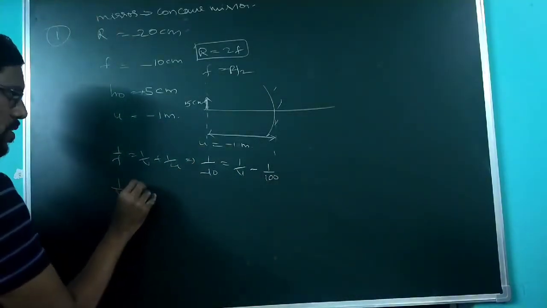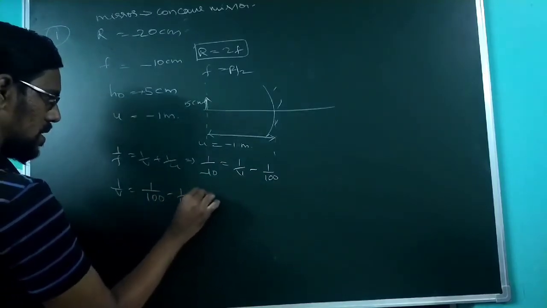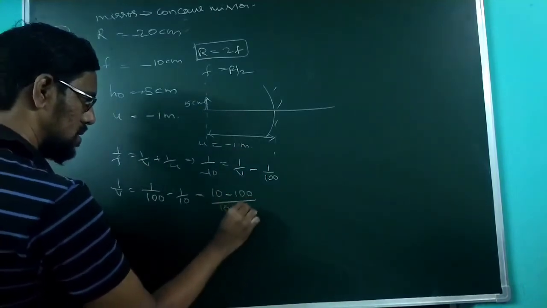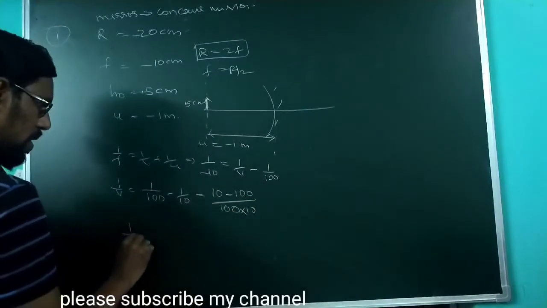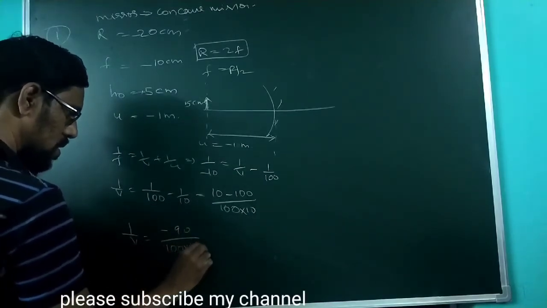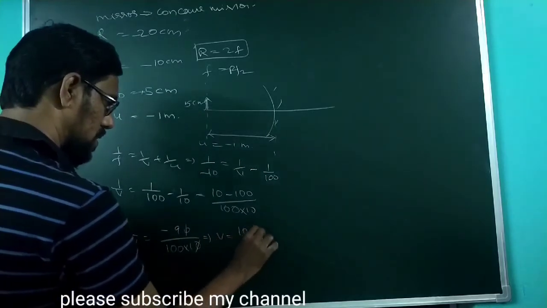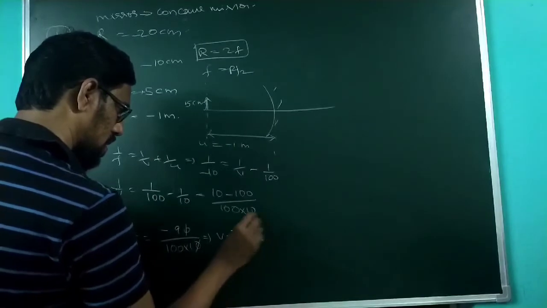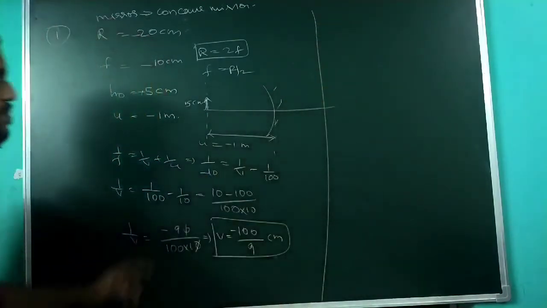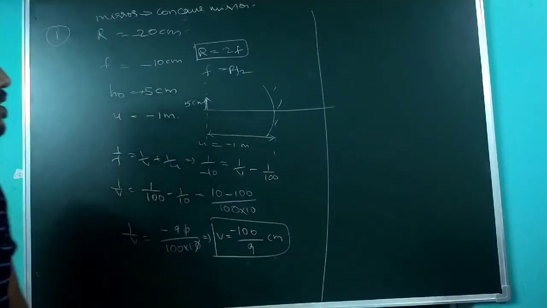So 1 by V is equal to 1 by 100 minus 1 by 10, that is equal to (10 minus 100) by (100 into 10), so 1 by V is equal to minus 90 by 1000. This gets cancelled and V is equal to 100 by 9. This is the image distance, so V is equal to minus 100 by 9 cm.